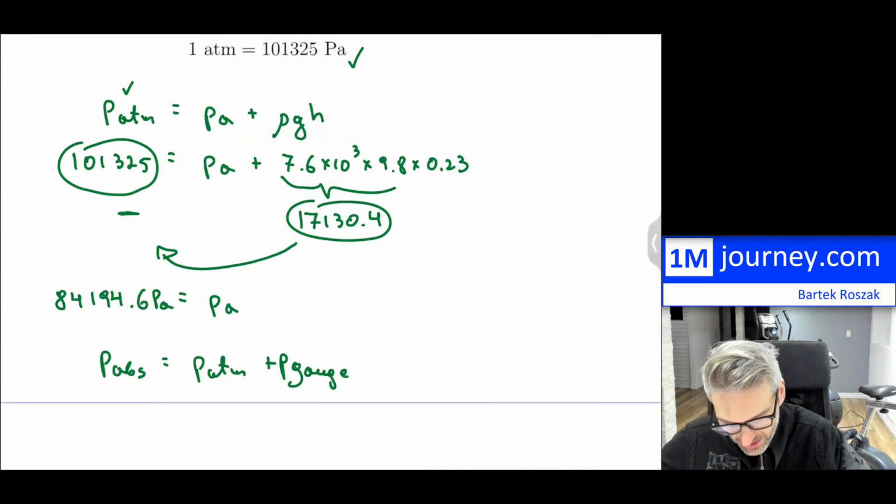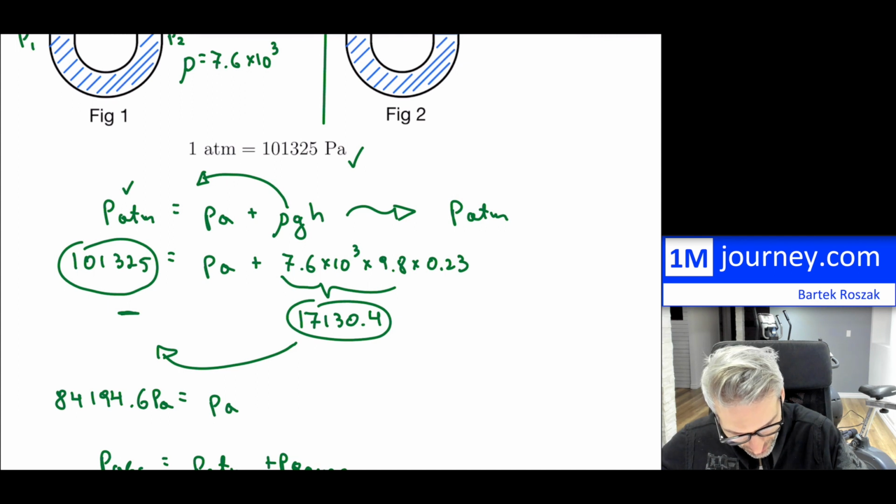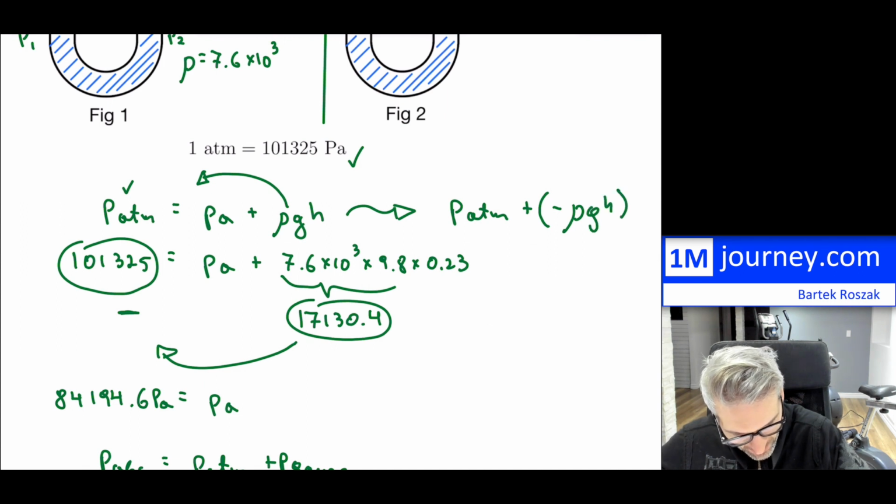If I go back to this original equation and bring this over to the other side, what I'm going to get is P atmospheric plus, now I'm going to bring in the negative, the density times g times h.